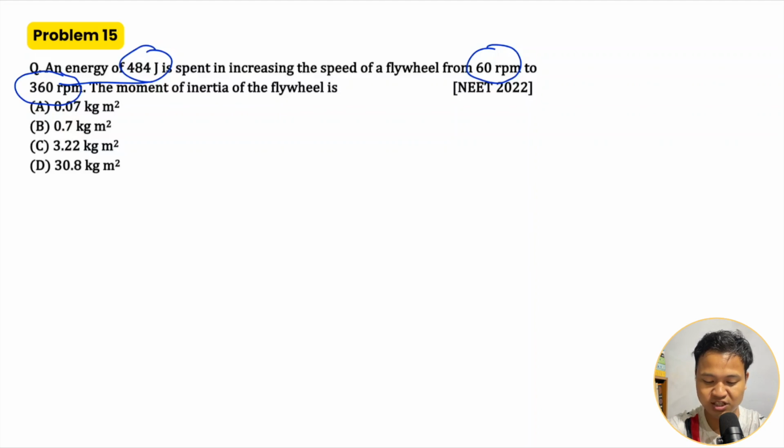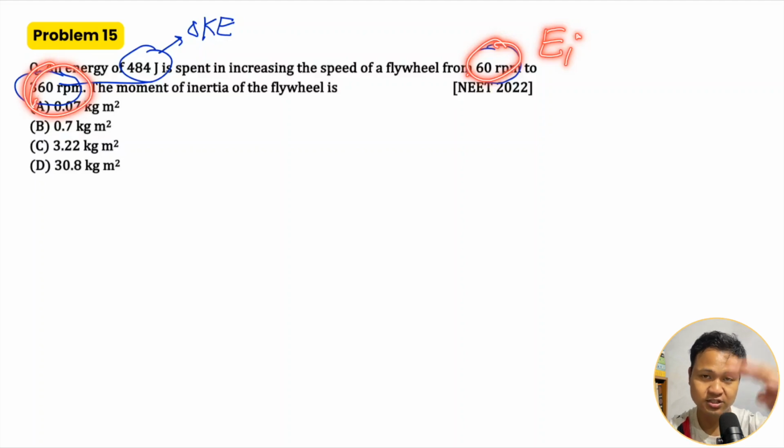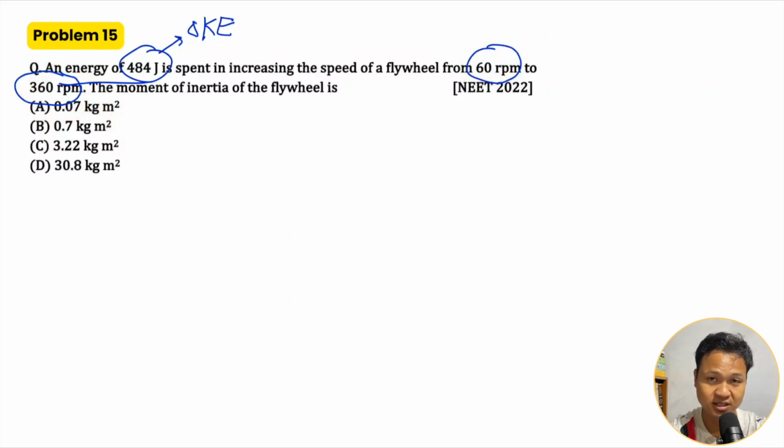The energy change, the work done, is delta K: final kinetic energy minus initial kinetic energy. The question is to find the moment of inertia I, so we apply the energy formula.